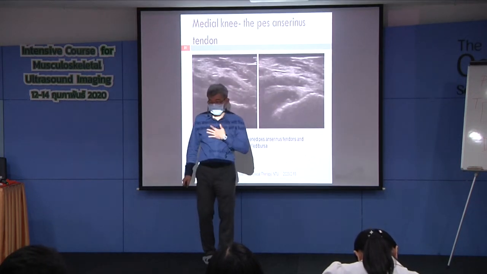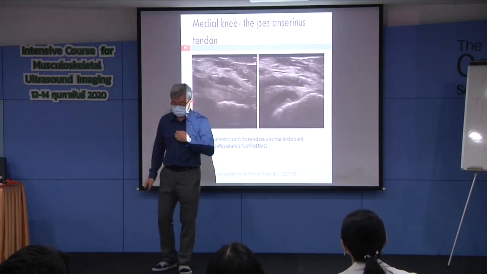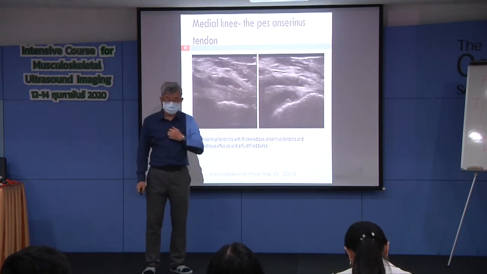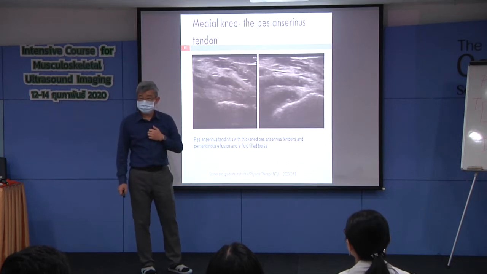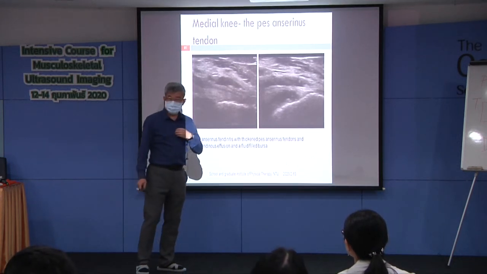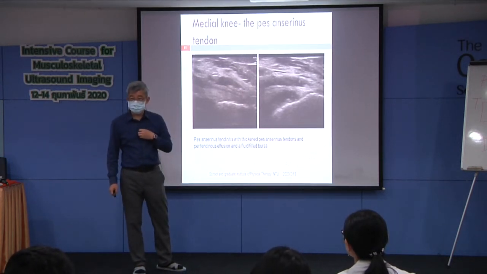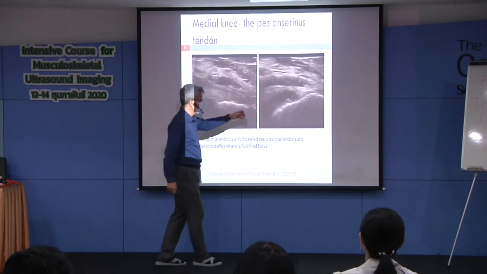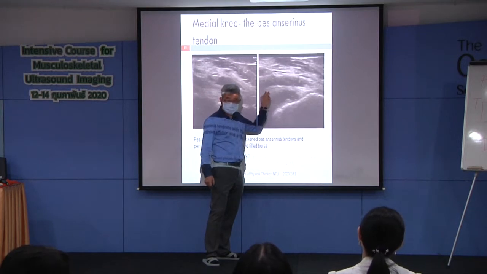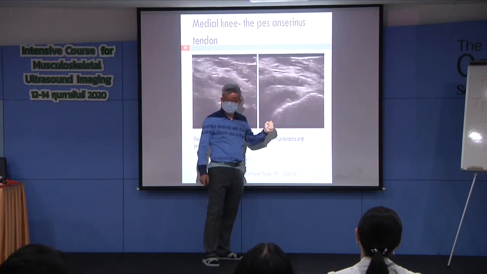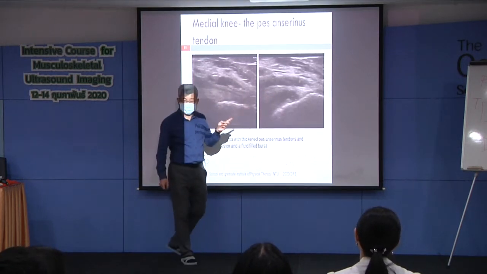My supervisor, my boss, did not agree there is a bursa. So I have been very cautious when I use bursitis. I will tell you this is pes anserinus tendinopathy, because I am his student.